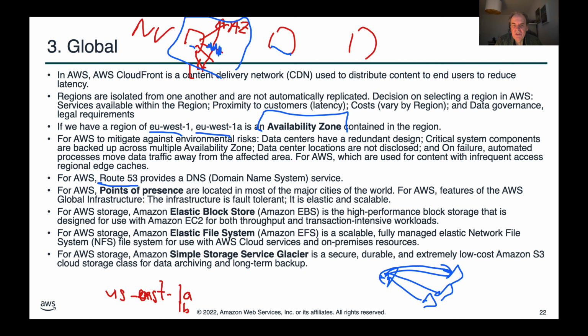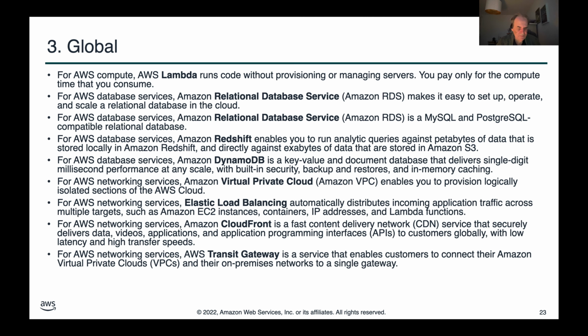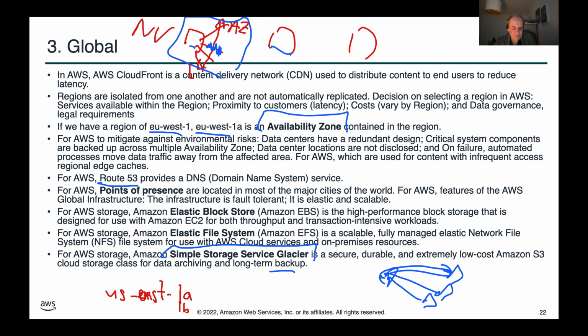EFS, the Elastic File System, allows for NFS, or a networked provision, and obviously that can be synchronized across different regions. And then we have S3 Glacier, that allows for the storage of low cost data within S3 buckets, typically used for data archiving and long-term backup.